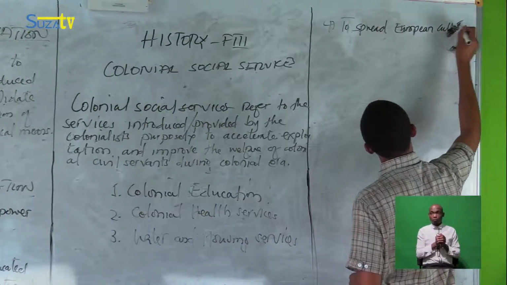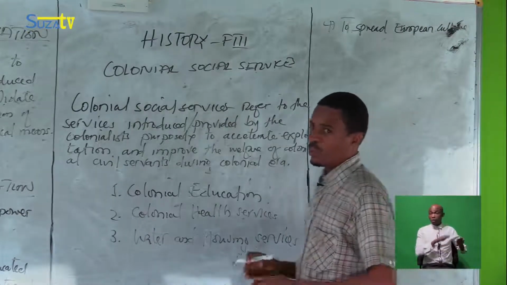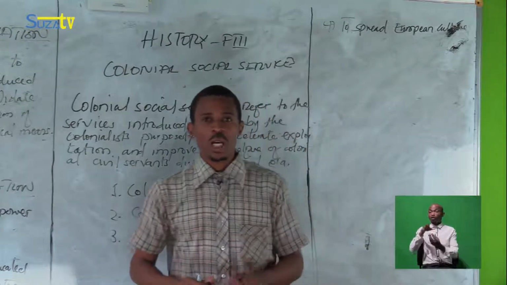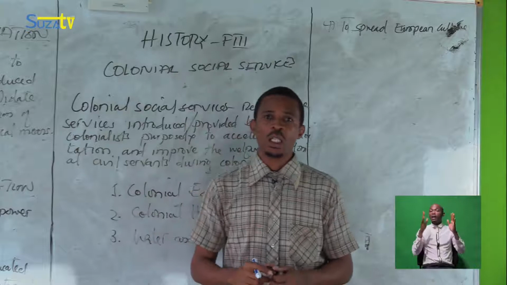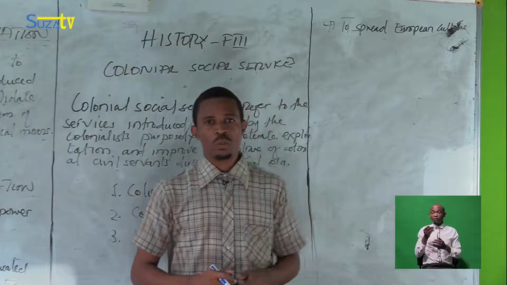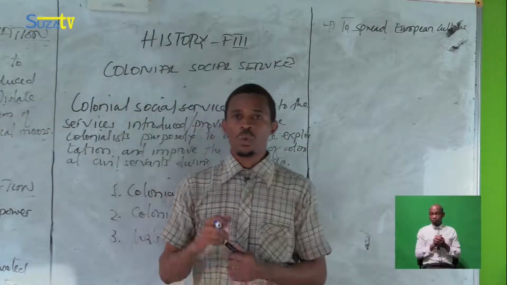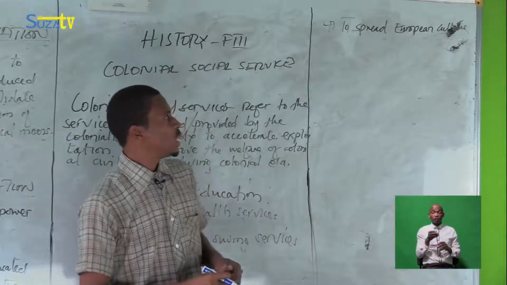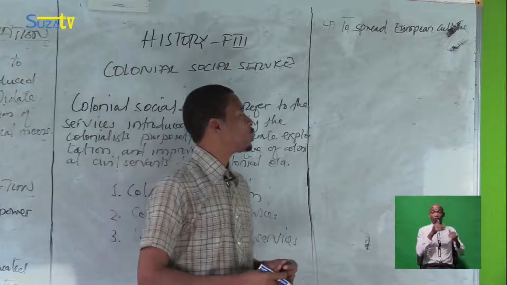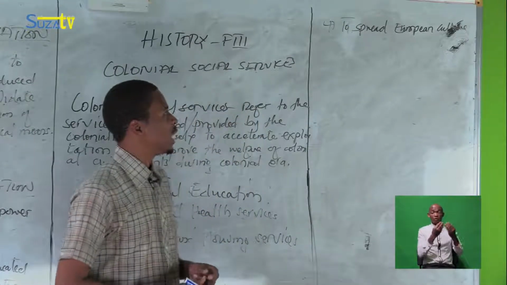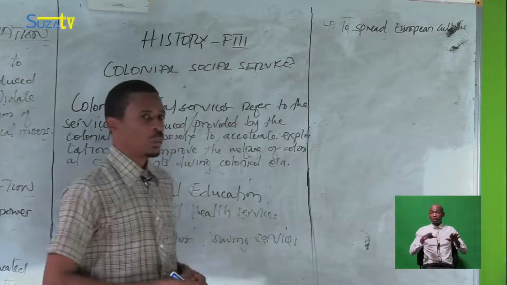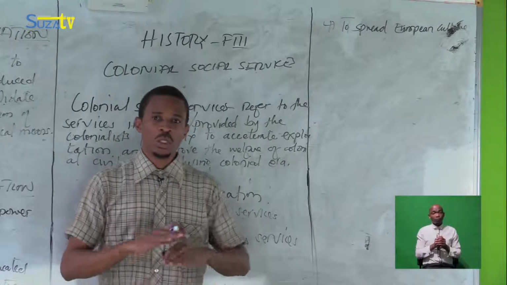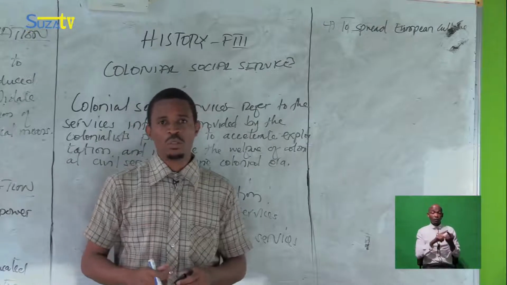As we know, culture can be defined as total ways of life. And one of the aspects of culture is language. So the whites introduced colonial education in Africa in order to spread European culture. And one of the aspects of European culture we have currently is these foreign languages we have in Africa.